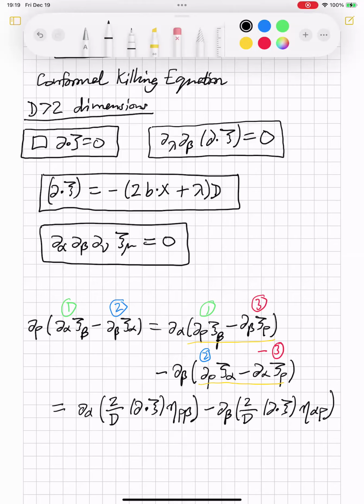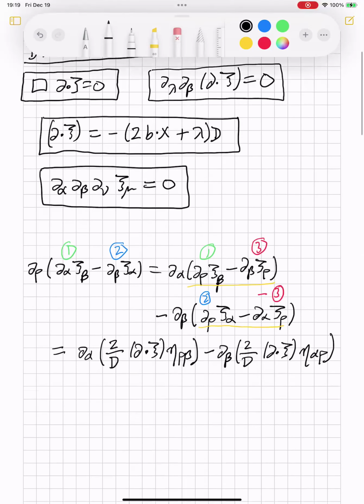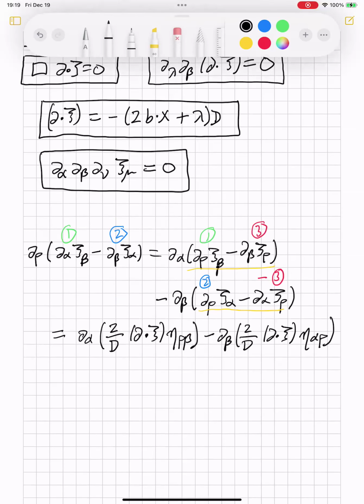Okay. And now what I'm going to do is plug in the expression that we've got for the divergence of ζ, written above in a black box. So what is this equal to? Well, the divergence of ζ has a minus, so I'll have a minus. The 2 will be left behind, but the ∂·ζ over d, well, the d's will cancel.